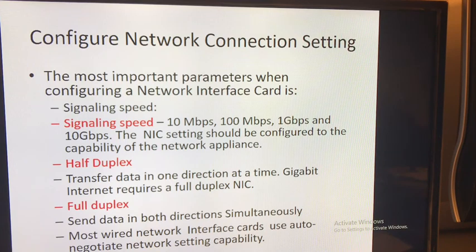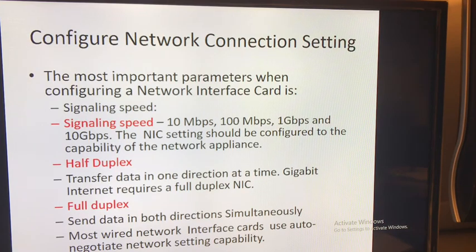What is half duplex? Half duplex is when a network card can send information in only one direction. Nowadays, network communication requires fast data speed.